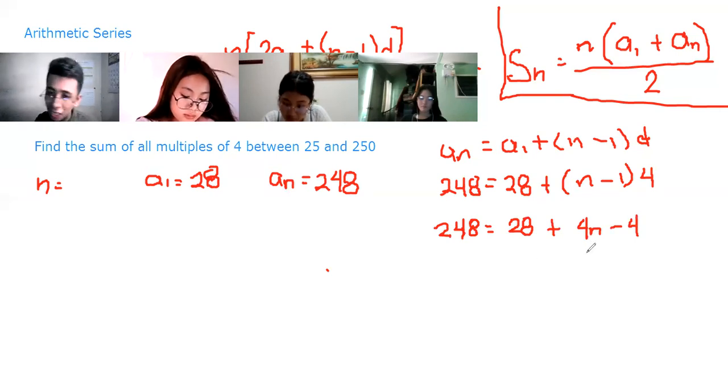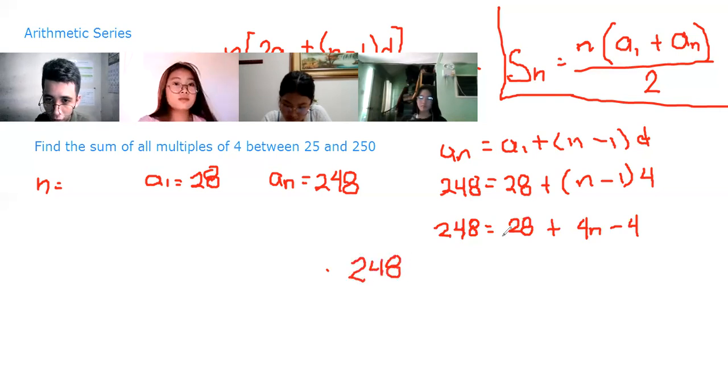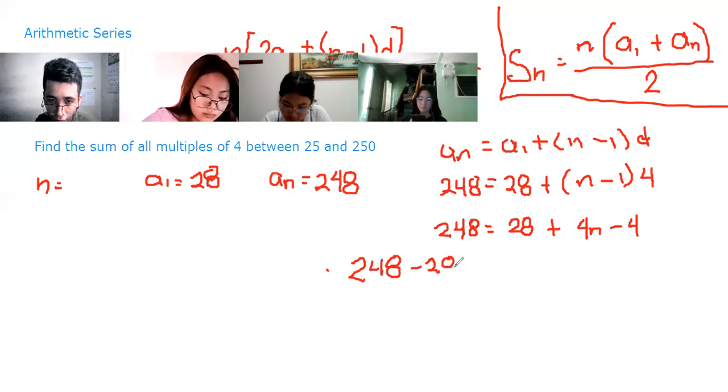So, to isolate 4n pala, isolate natin yung 4n. Lipat natin si 28 pati si negative 4 to other side of the equation. Magkaroon tayo ng 248. From positive, magiging negative 28. Then, from negative, magiging positive 4 siya. Equals 4n.